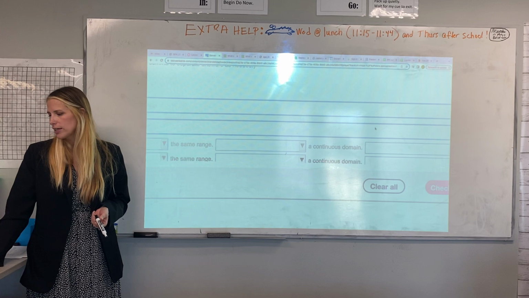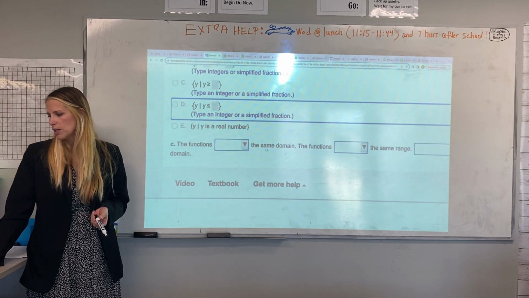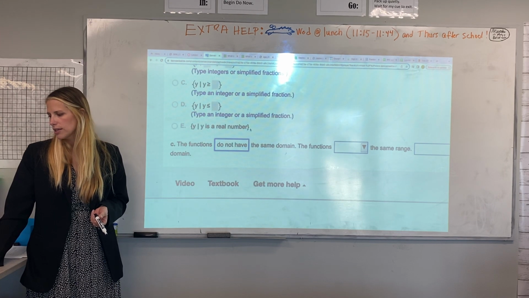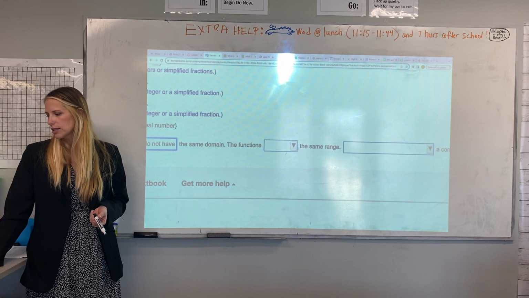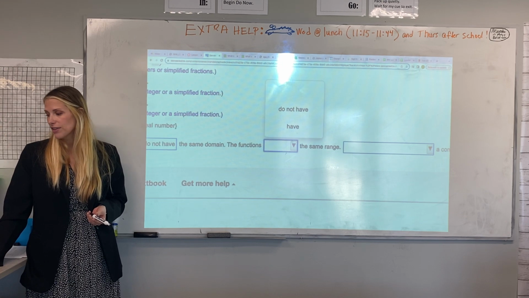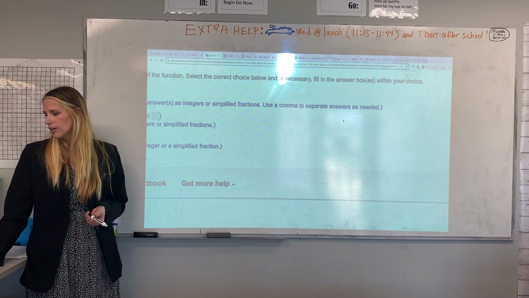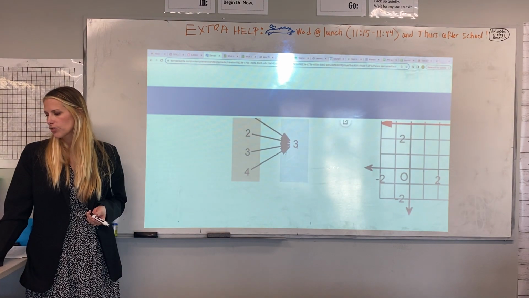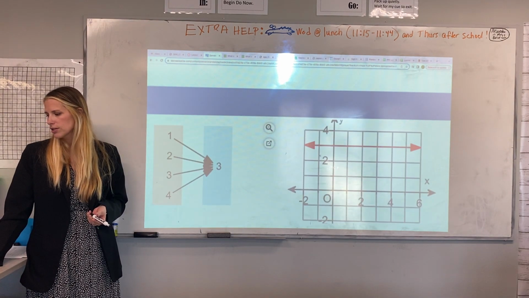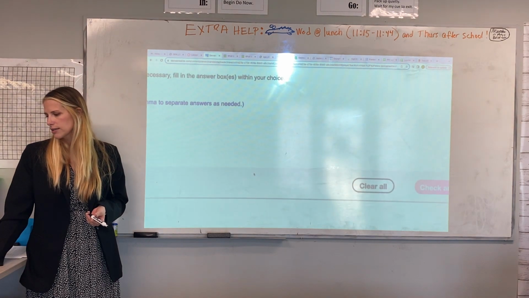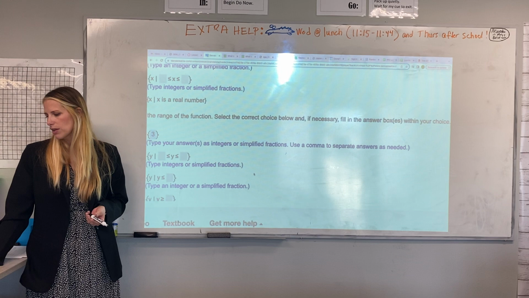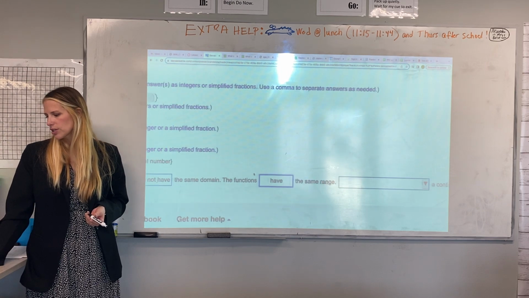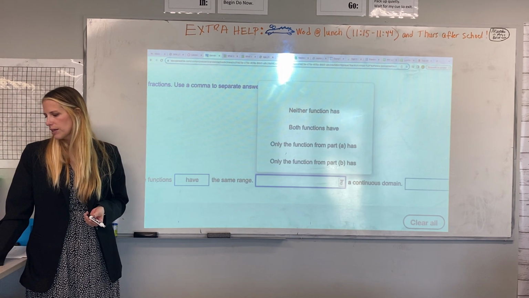So they do not have the same domain. The functions have the same range because the range over here is 3 and the range over here is also 3. It's 3 no matter how far it goes along the x-axis. The y will always be 3. Okay, the functions have the same range.